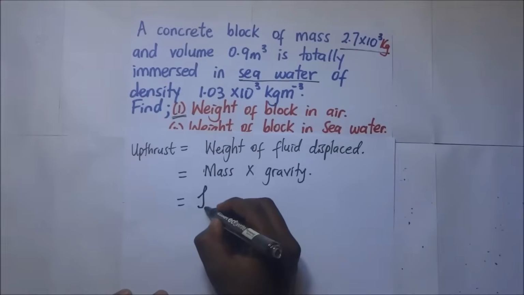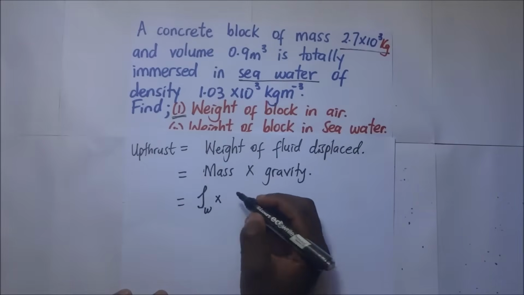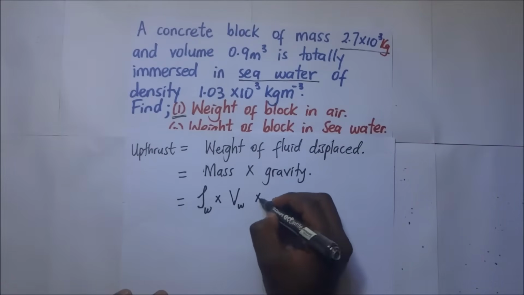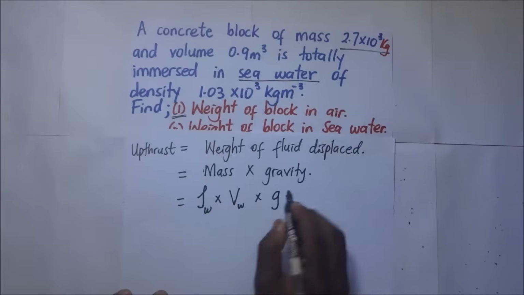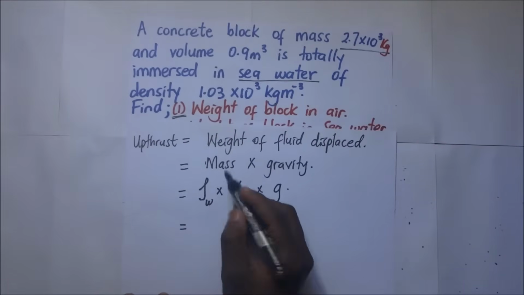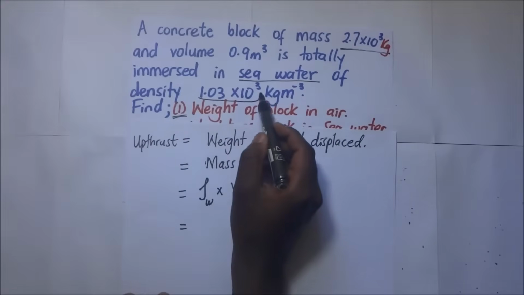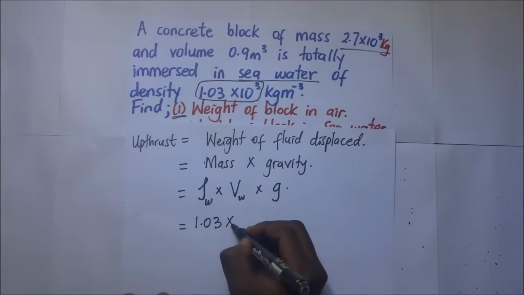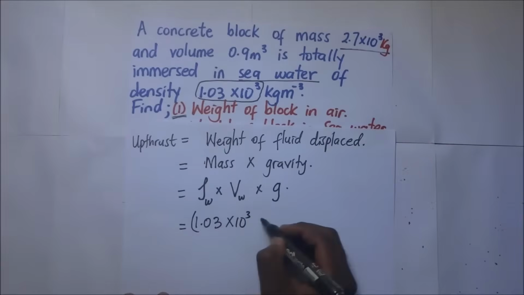So density of the water, multiplied by the volume of the water, multiplied by the gravity. The question says that the density of the seawater is 1.03 times 10 to the power 3.